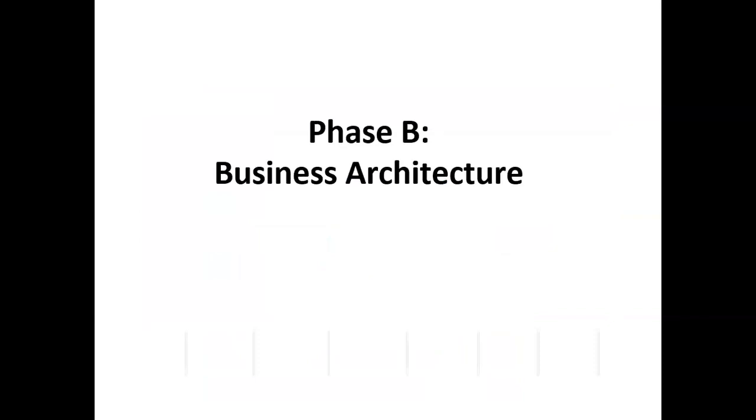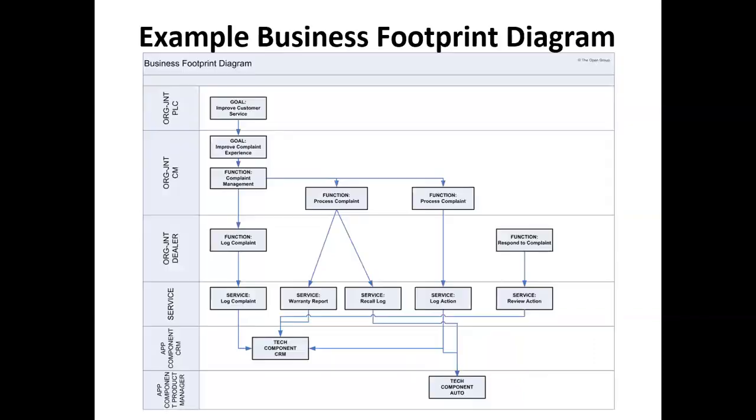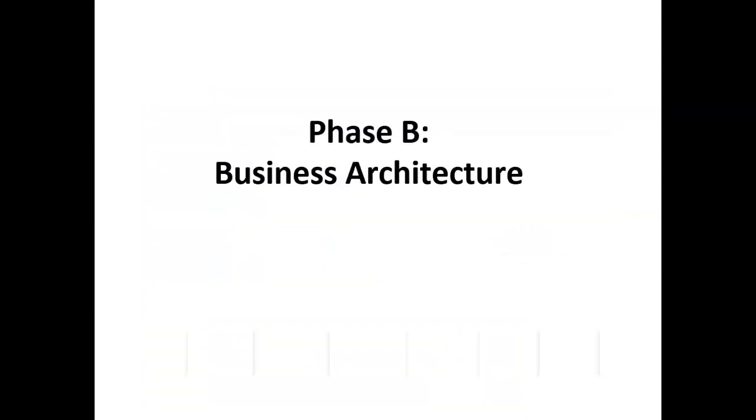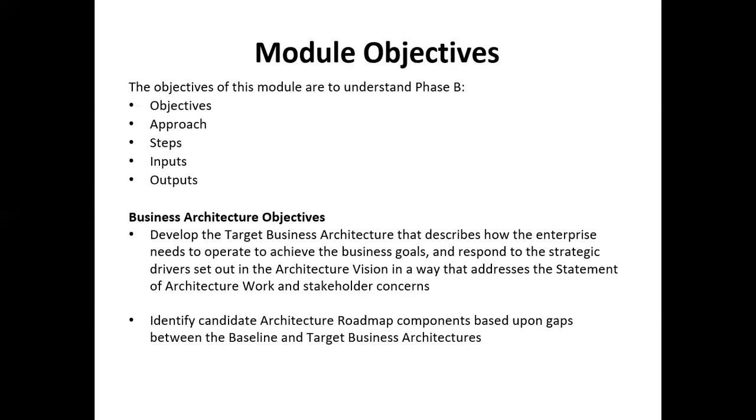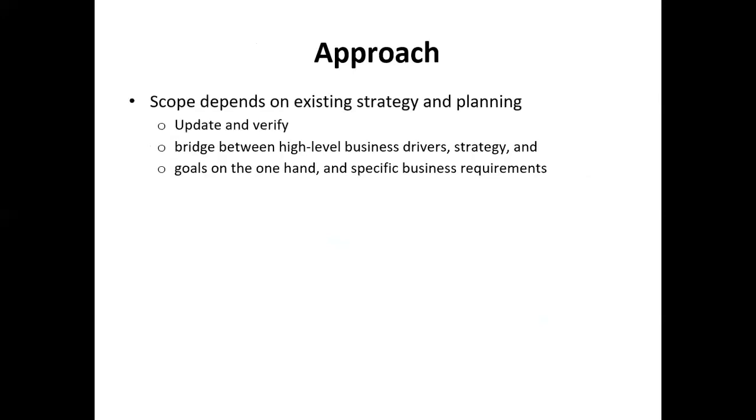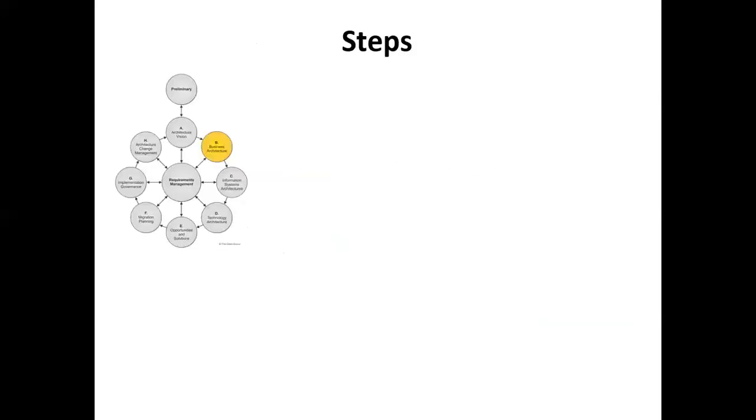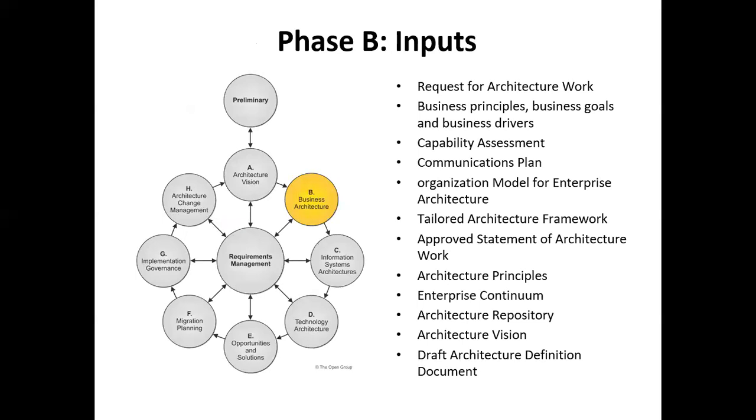So phase B. I'm going to finish off this, then I'll go to the question paper. If you look at phase B, so many steps we already covered. Have a look at the input here.